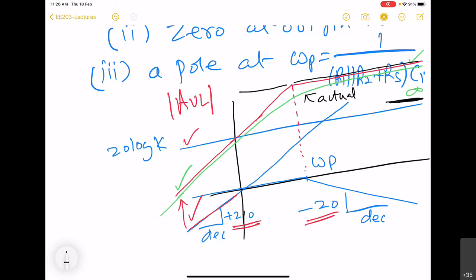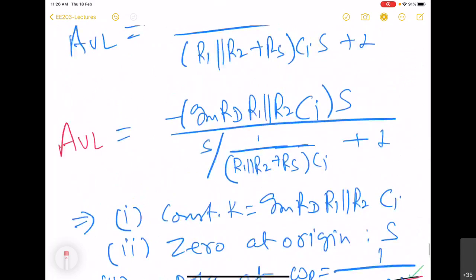That means when omega is infinite or s is infinite, that time the value of AVL is going to be this value that we are trying to find out. So we can go to the expression for AVL and then try to find out its value at infinity.